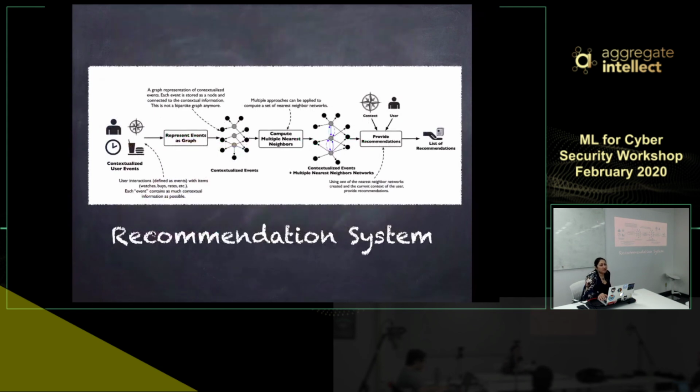Recommendation system is another system where you can use graph machine learning. Recommendation system comes in very handy in business when you want to say, hey, this group of people have similar roles, so they have to have similar accesses.